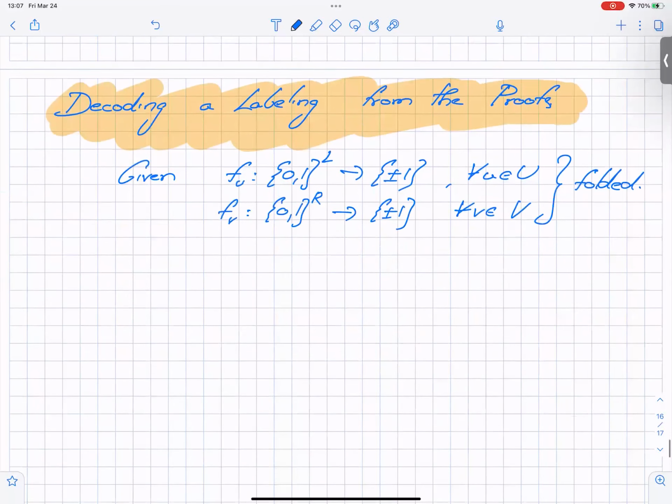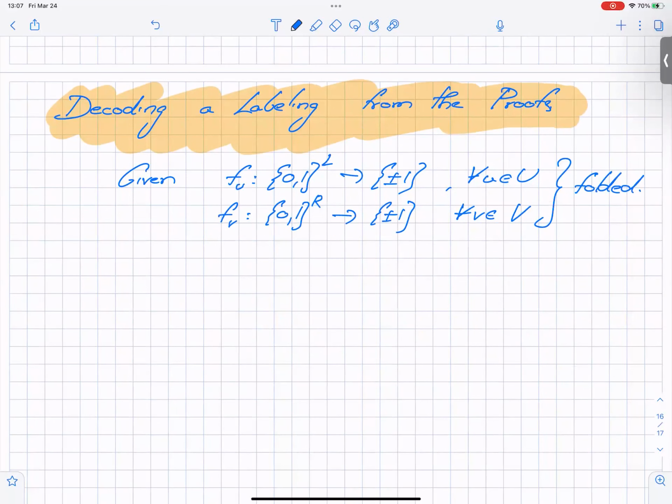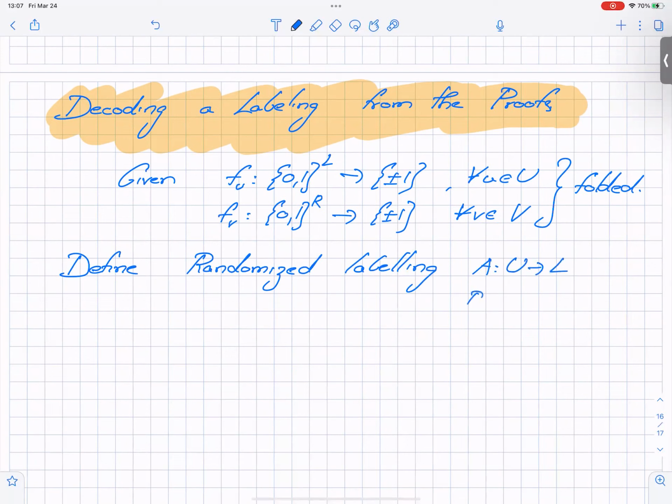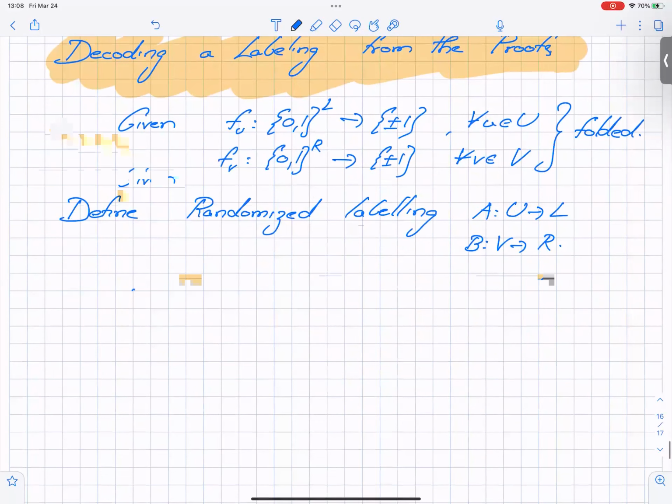So define randomized labelings A from U to L and B from V to R as follows.